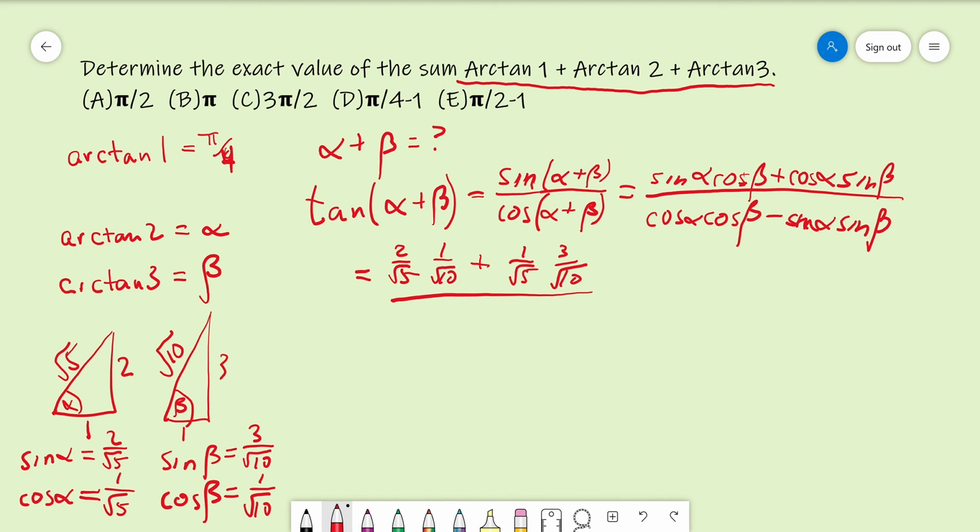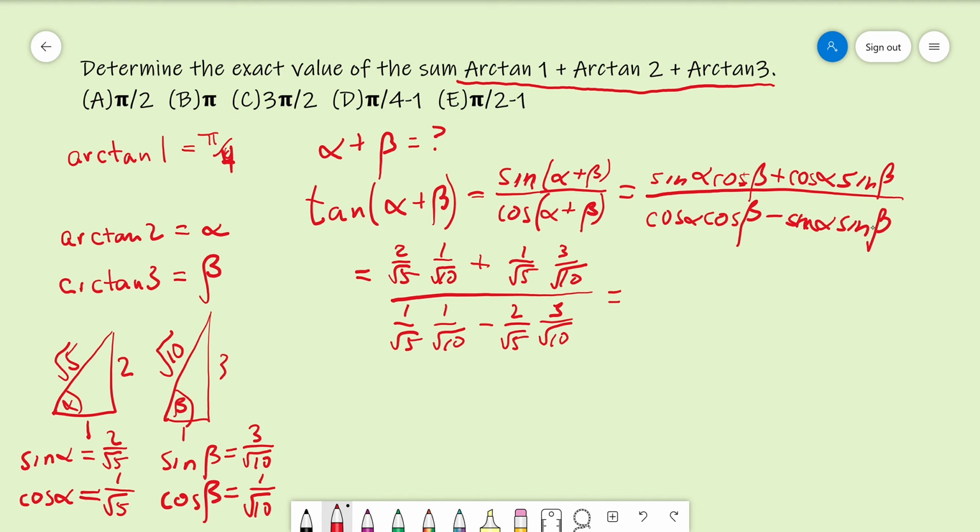All over cosine of alpha, that's 1 over root 5. Cosine of beta is 1 over root 10. Minus sine of alpha, that's 2 over root 5. And sine of beta, which is 3 over root 10.